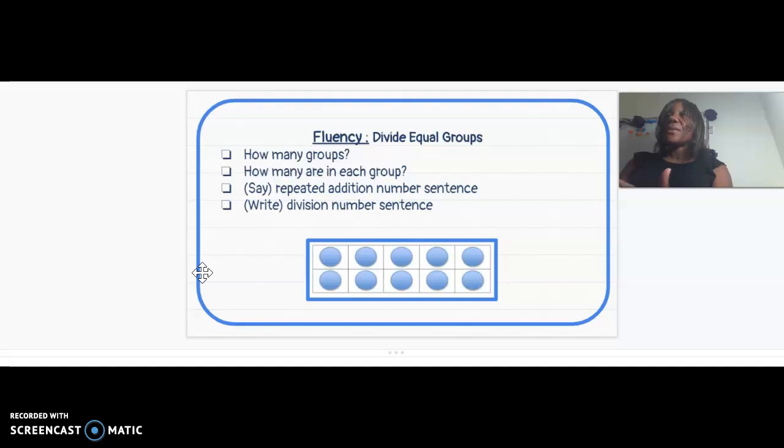It's 2 plus 2 plus 2 plus 2 plus 2 plus 2 equals 12. Now write the division number sentence. Did you put 12 divided by 6 equals 2?